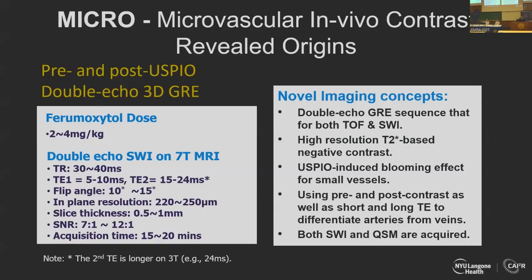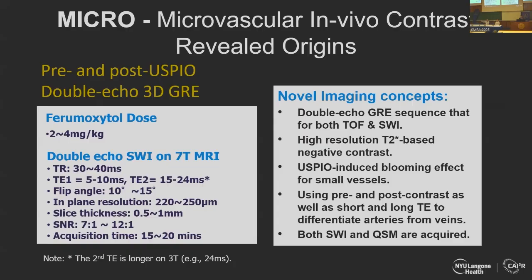There are several imaging concepts related to this sequence. One is that it is double echo. The first TE, acquired between 5 and 10 milliseconds, is for the TOF arterial angiogram, and the second, longer TE, between 15 and 24 milliseconds, is for the SWI venogram.